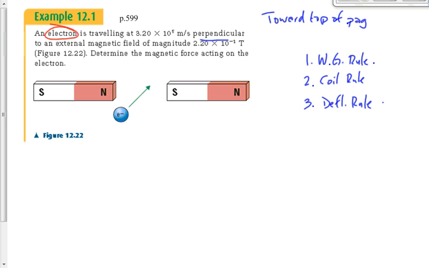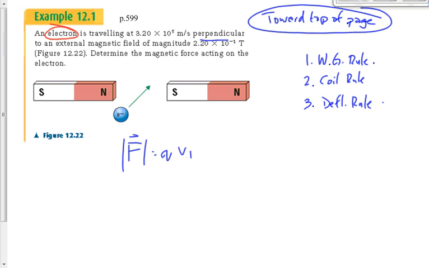Now, let's figure out what the magnitude of that force is. Well, if they're perpendicular, then the equation that we just learned is valid. So there shouldn't be any issue here with solving this. Notice we're dropping the sign of the charge. We always do, even though it's a negative charge. We needed that to determine which hand rule we use, but in the equation, we're just going to make it positive.